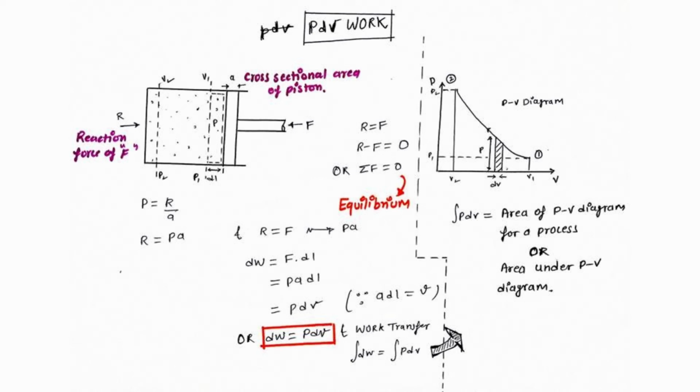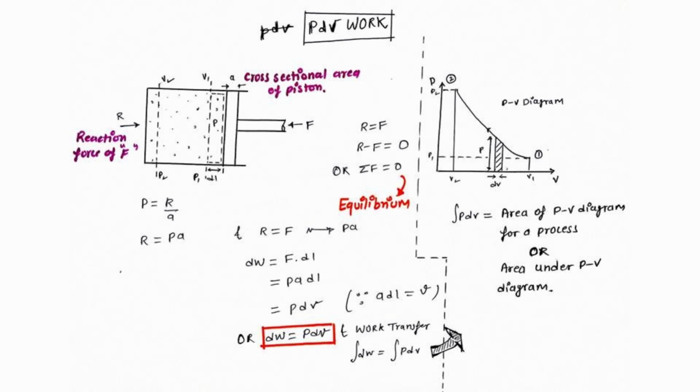That means P A into dl, and A into dl is your volume. So this gives us dW is equal to PdV. This is the work transfer, and if we want to know the total work transfer of the system, we have to integrate it, because we have comprehended it with an elemental instance. So integration of dW is equal to integration of PdV.